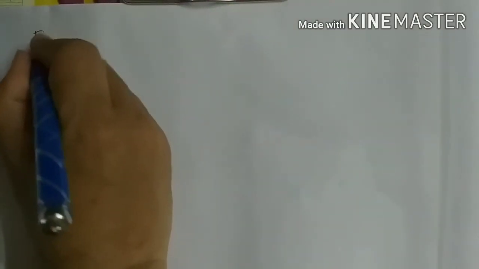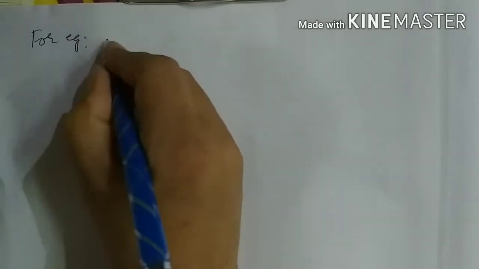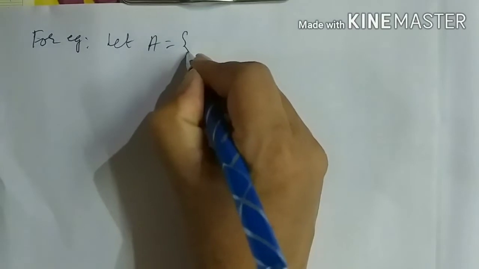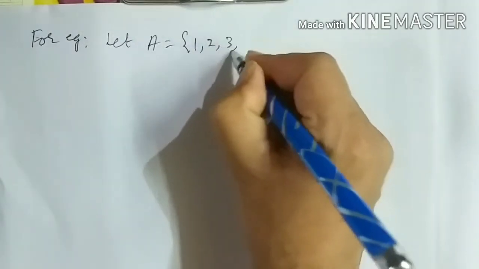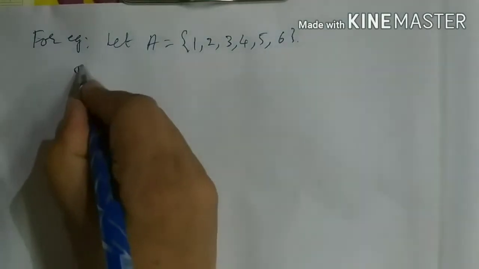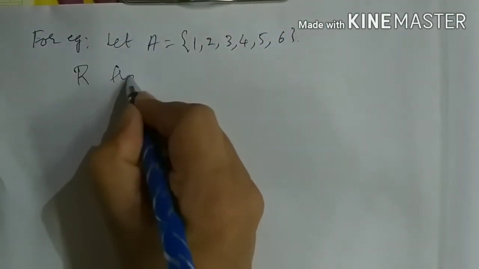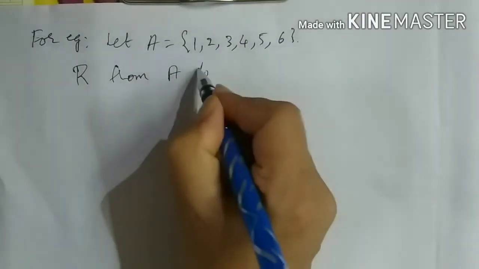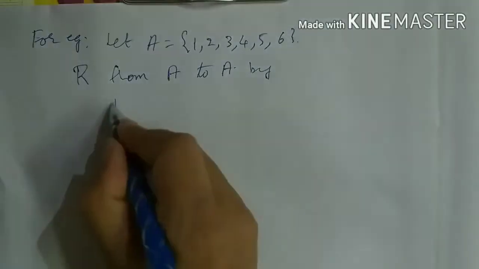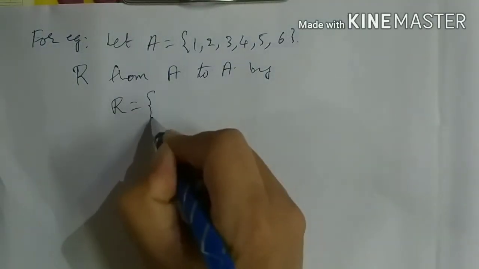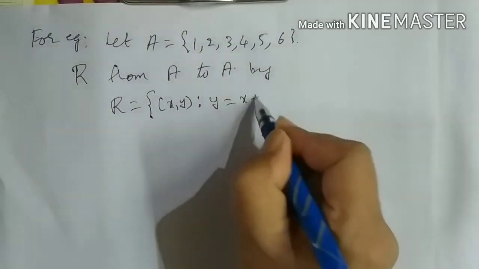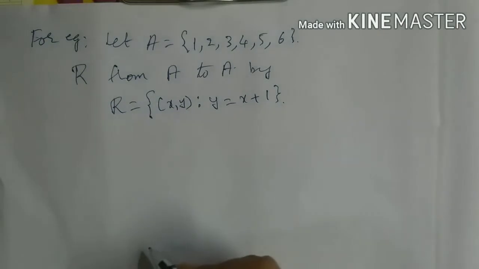For example, let us consider a set A whose elements are 1, 2, 3, 4, 5, 6. And let us define a relation R from A to A by R = {(x, y) such that y = x + 1}.